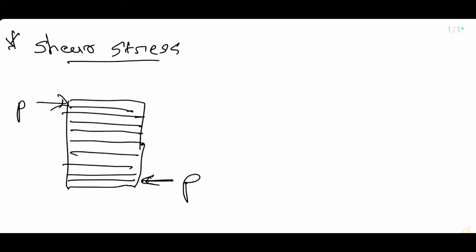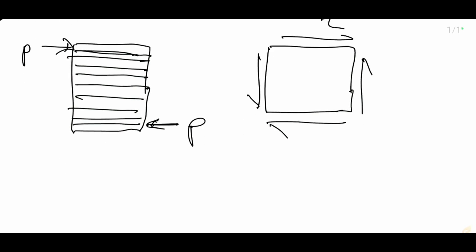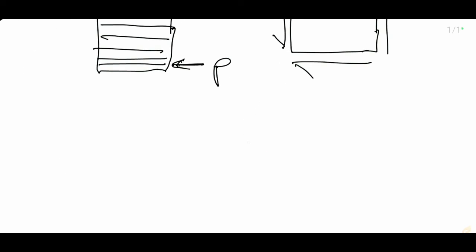One layer slides over another layer, and shear stress acts parallel to the plane of intersection. It is always expressed in mechanics of material with tau. The unit of shear stress is the same: Newton per mm square or meter square.